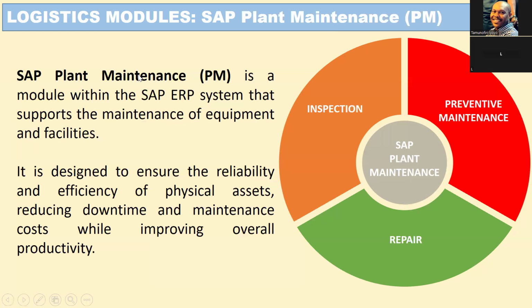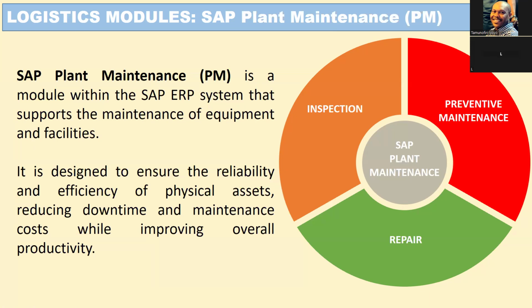Then we have the SAP plant maintenance, which is one of the key modules in SAP. Plant maintenance is a module within the SAP ERP system that supports the maintenance of equipment and facilities. It is designed to ensure the reliability and efficiency of physical assets, reducing downtime and maintenance cost while improving overall productivity.